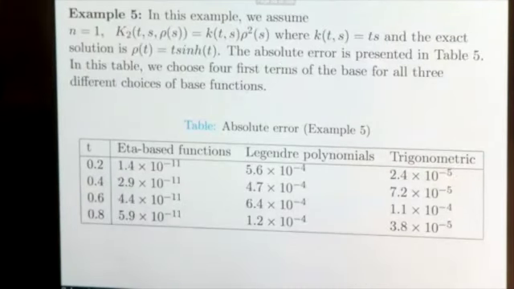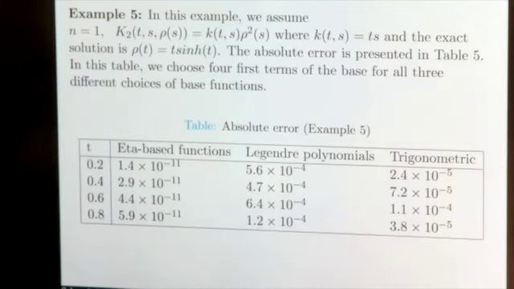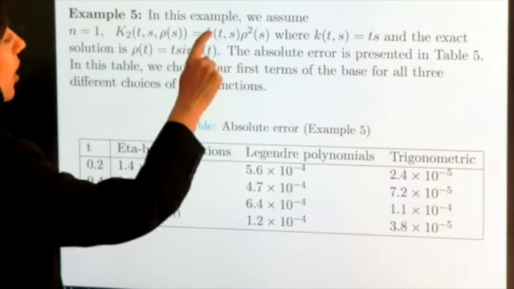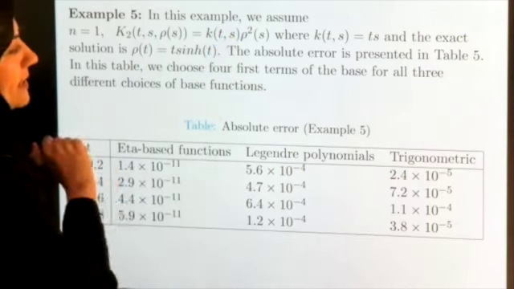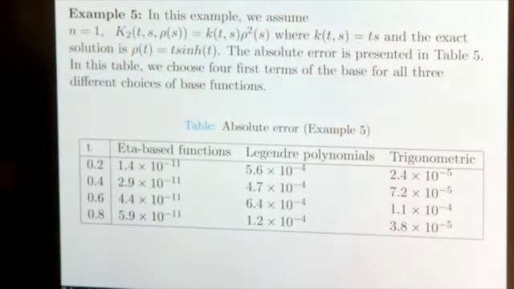Another example that we want to see is when K2 equals k of t and s, root 2 of s. Here, k of t and s equals ts.